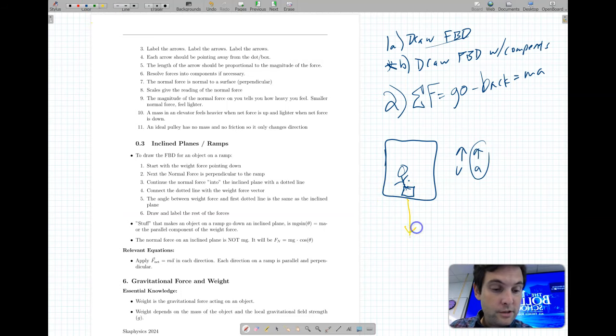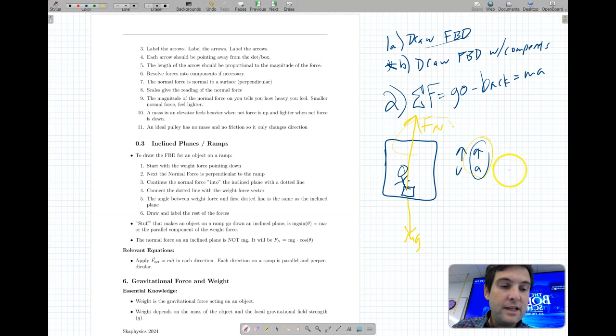I have my weight force in the down direction, and then I have my normal force in the up direction. Because those are the only two forces acting on me, my normal force has to be bigger if my net acceleration is in the up direction. If my normal force is bigger, that scale is going to have a reading that's larger than my weight if I were just standing on the sidewalk, weighing myself.